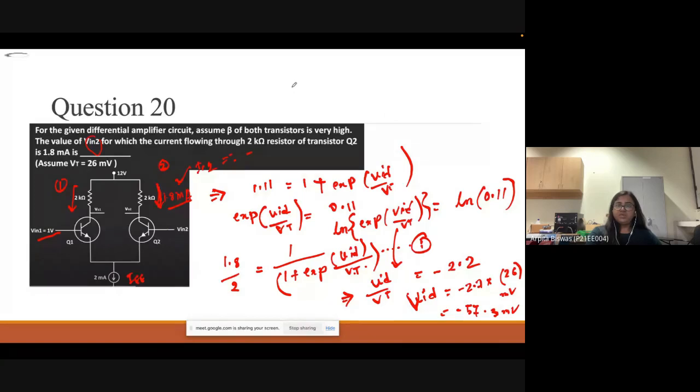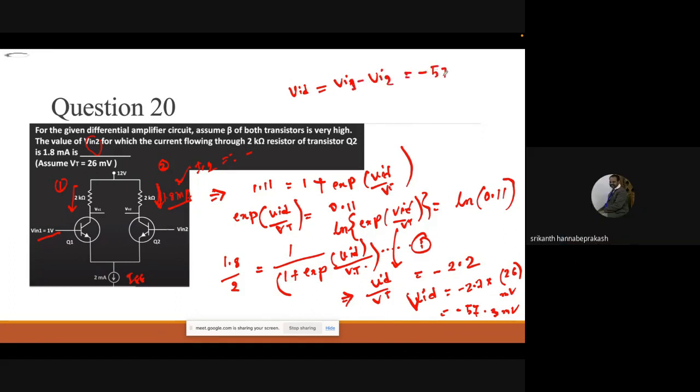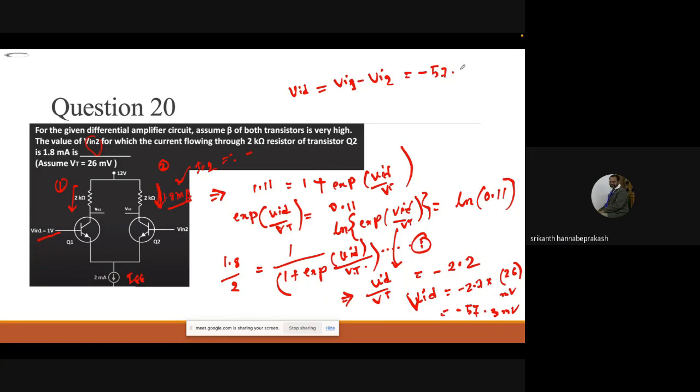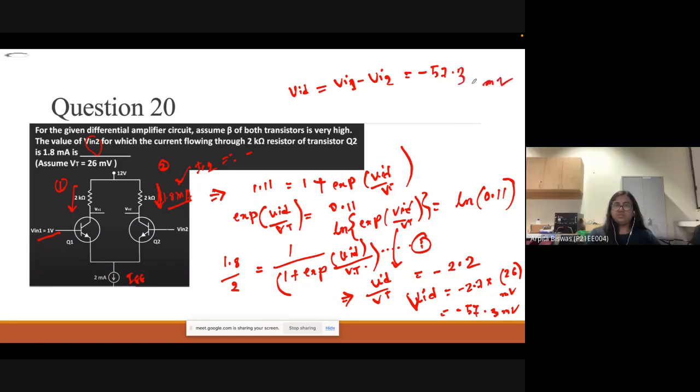So now you get the VID, which is V input 1 minus V input 2. This value is minus 57.3 millivolts.